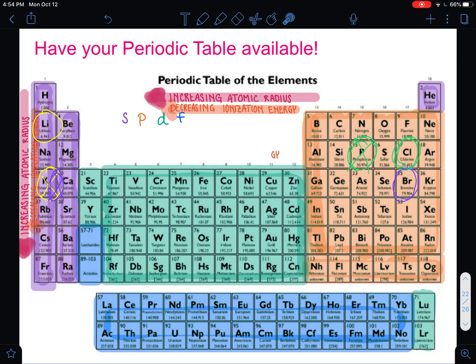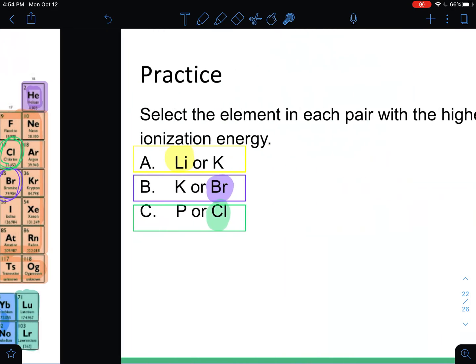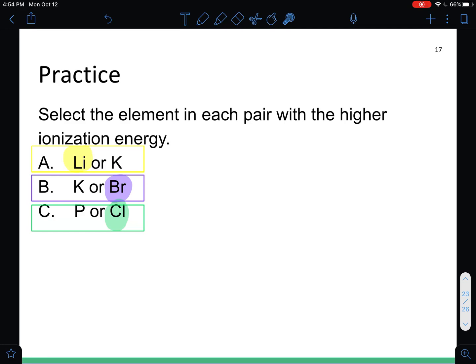Therefore, potassium will not be the correct choice for either of the examples it's in. Lithium and bromine will be. And phosphorus and chlorine will have a higher ionization energy because it is further right on the periodic table. Here those answers are again.